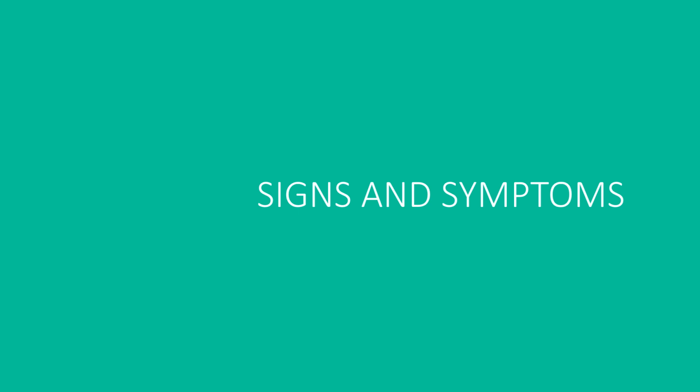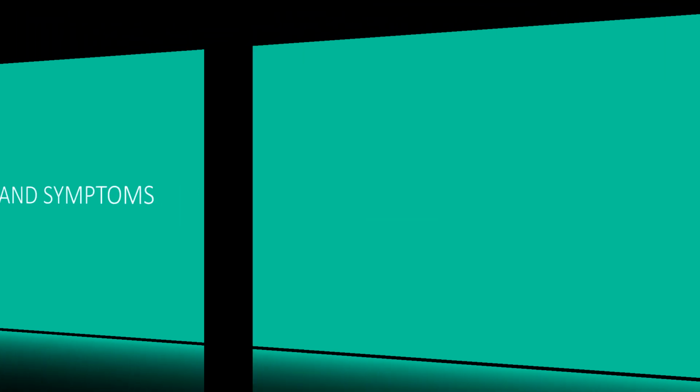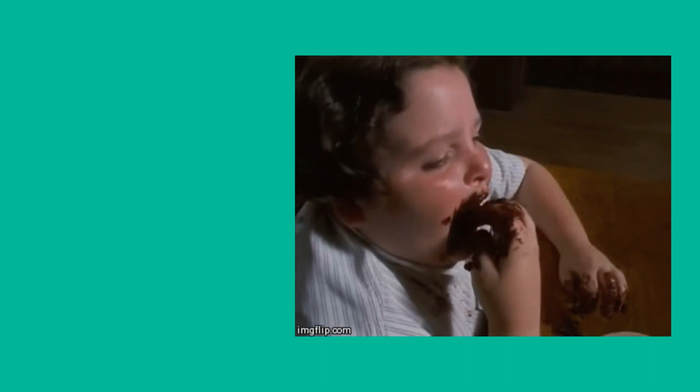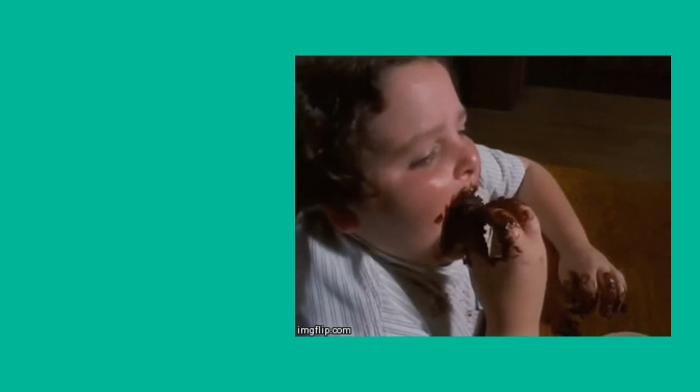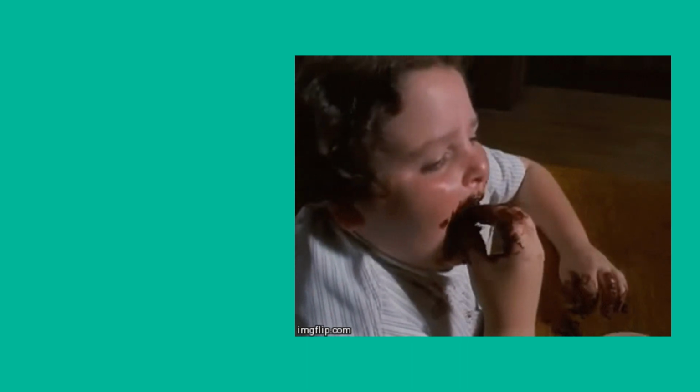The classic signs and symptoms of diabetes mellitus are the 3 Ps. Even though there's a lot of glucose in the blood, it cannot get into the cells, which leaves our cells starved for energy.